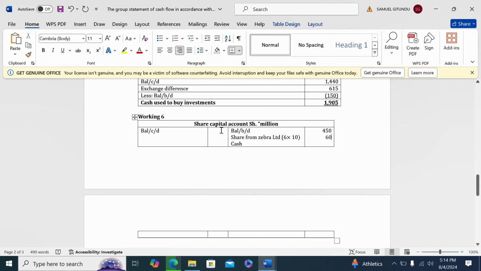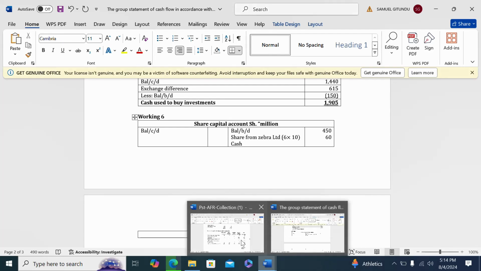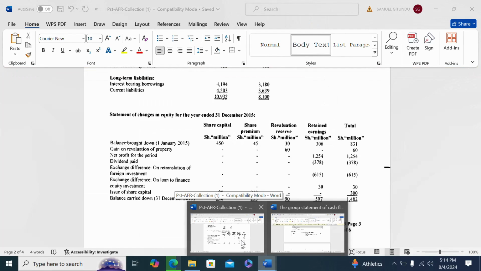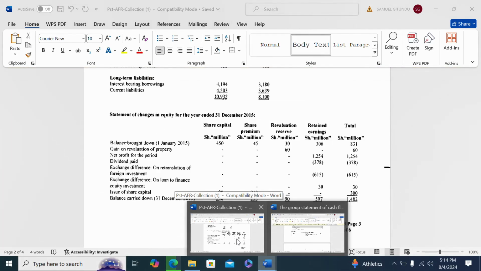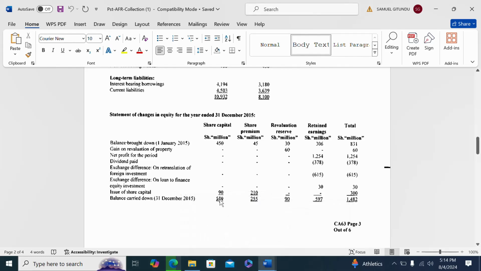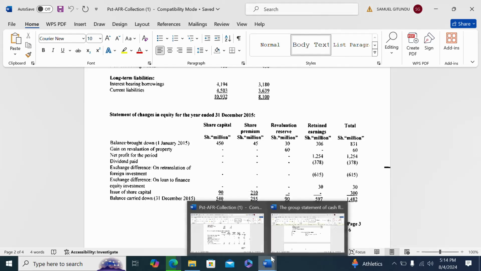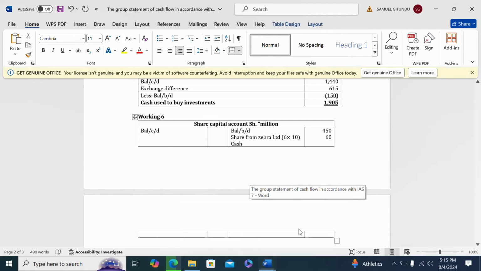Then what is the balance carried down of the shares? The balance carried down is 540.